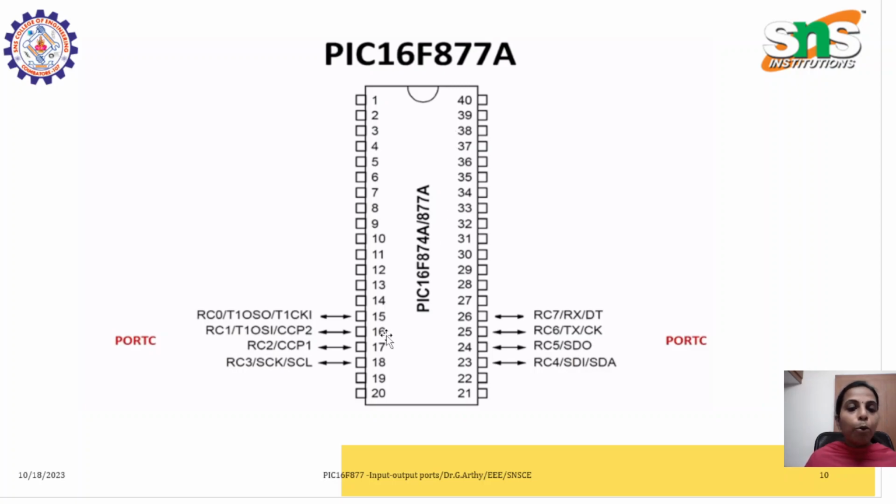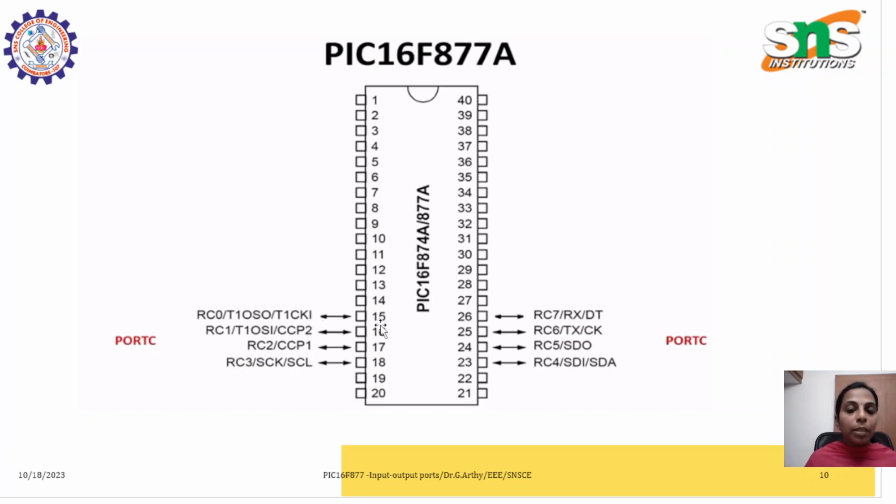Similarly, port C. Port C is also an 8 pin port. That is, it has RC0 to RC7, where RC defines port C. So RC0 to RC7, altogether 8 pins are there.